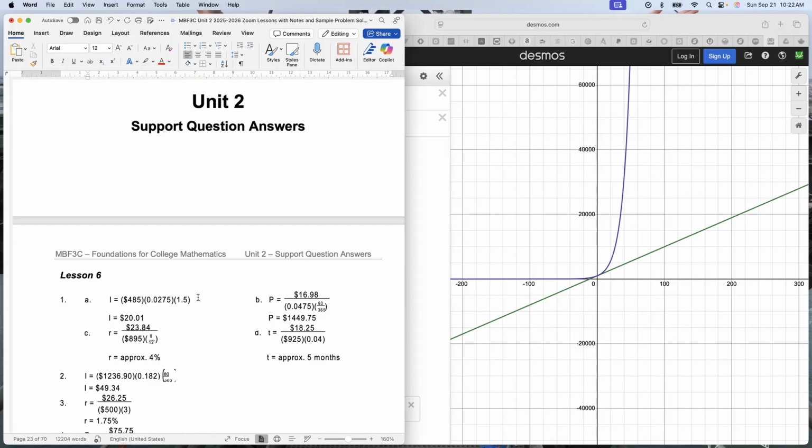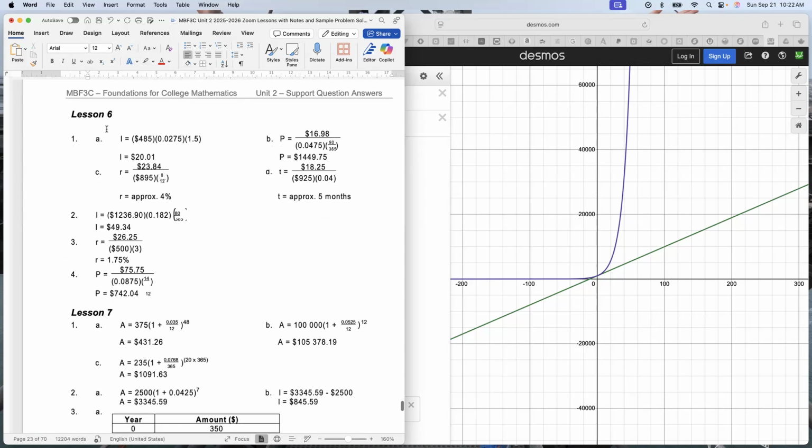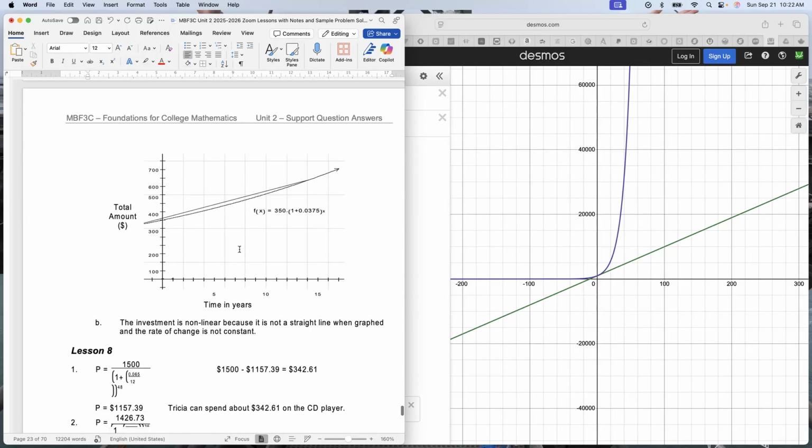So what I would do is do each of the support questions, follow all the steps that I did online with you, or that are listed in the lessons, solve, then check the answers at the back. If the answers at the back match yours, then you're good to go. Okay. So again, all of the lessons will have answers, so there's answers to lesson number 6 support questions and lesson number 7 support questions here.